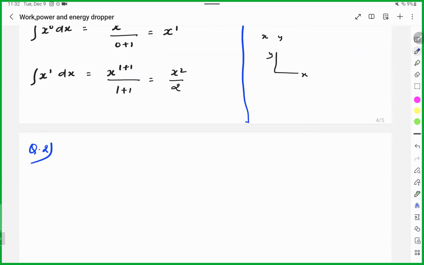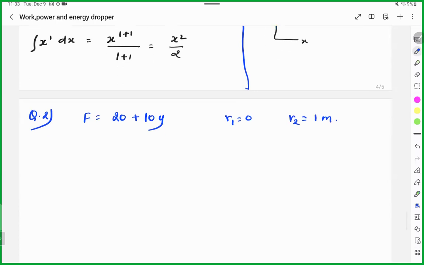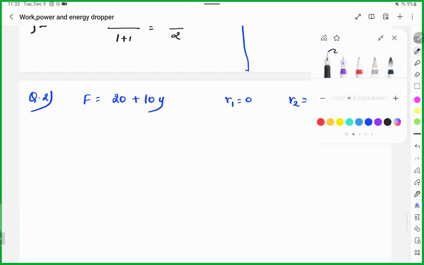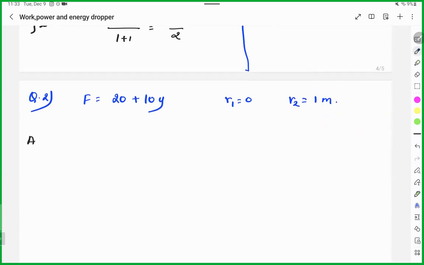So, what was the force value? 20 plus 10y, right? And your R1 value is 0, R2 value is 1 meter. You have to calculate work done. So, how to do it?